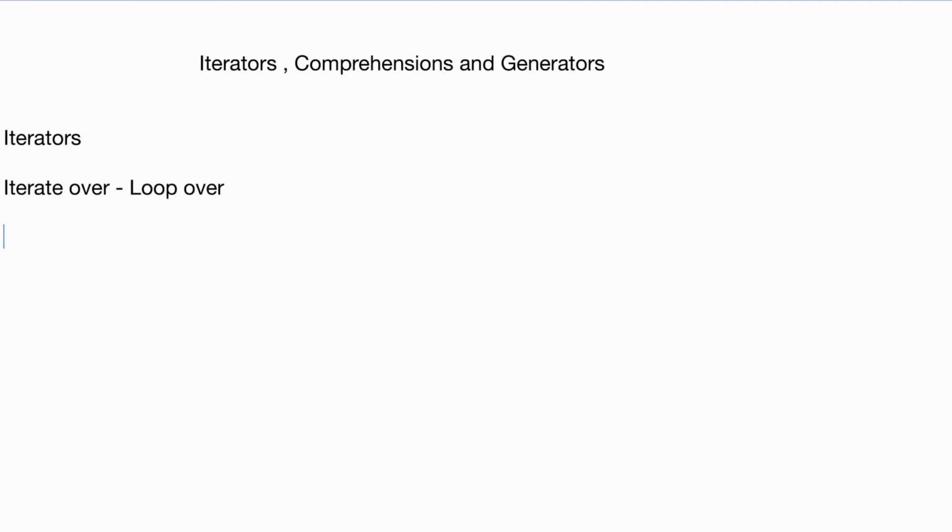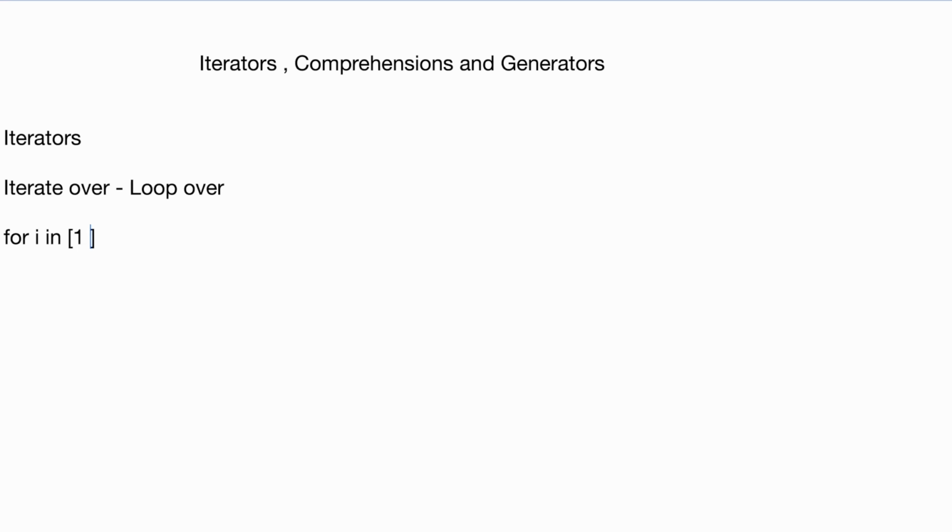So friends, if you recall, in our control flow videos, when we write our for loop or while loop, what is the syntax for writing it? We write for i in, and then we pass a list.